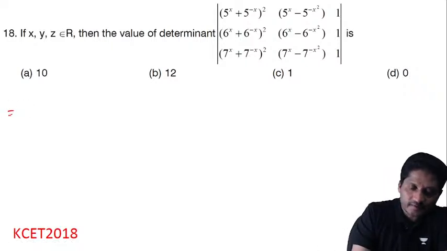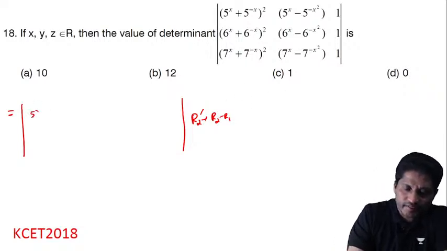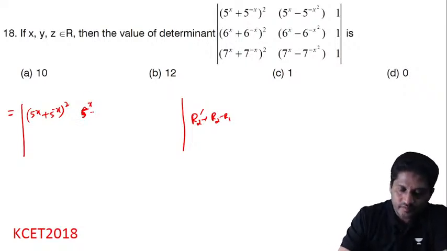If I change R2 to R2 minus R1, 6 power x, 5 power x plus 5 power minus x the whole square, 5 power x minus 5 power minus x the whole square. Then this will be 1.